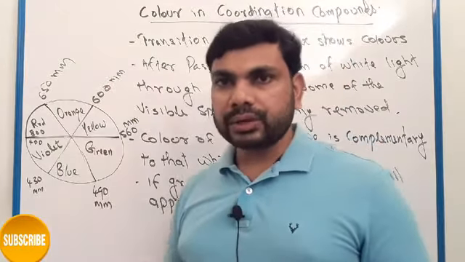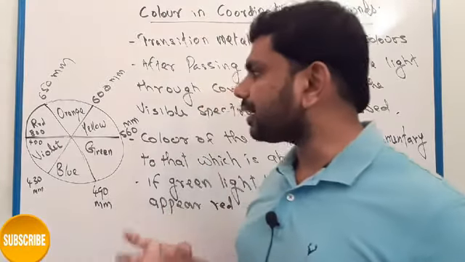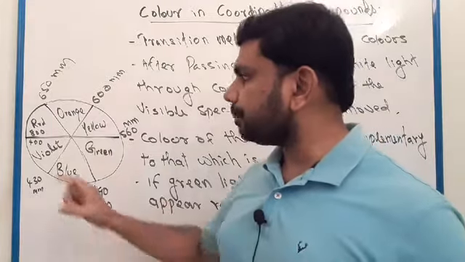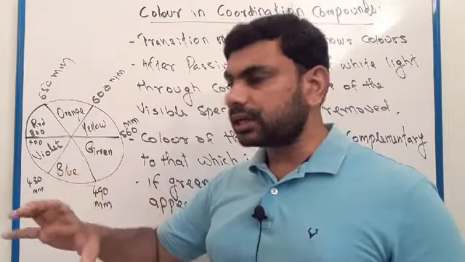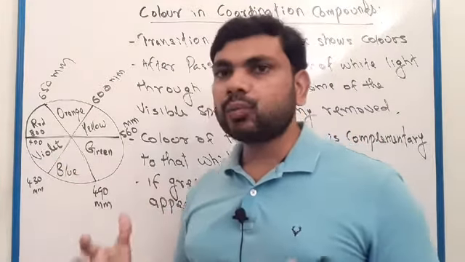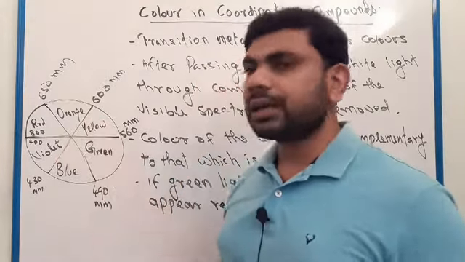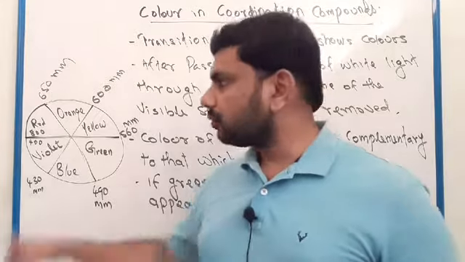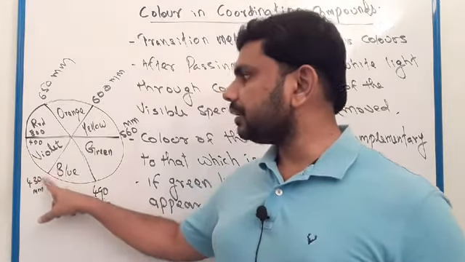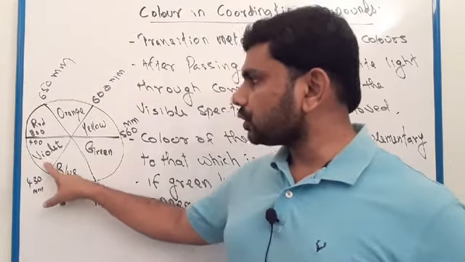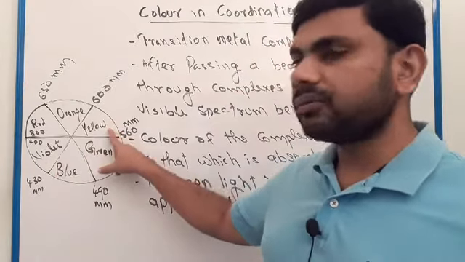Here is one question: a coordination compound absorbed a wavelength between 400 to 430. Then what will be the color of the coordination compound? Using this you can predict its color. 400 to 430 means violet, so the color of the coordination compound will be yellow.